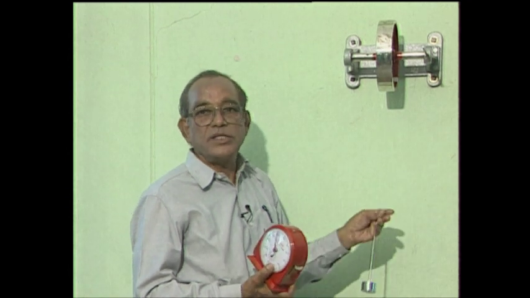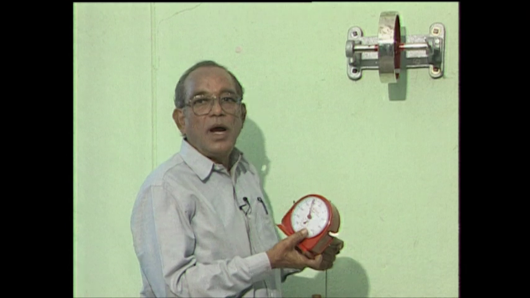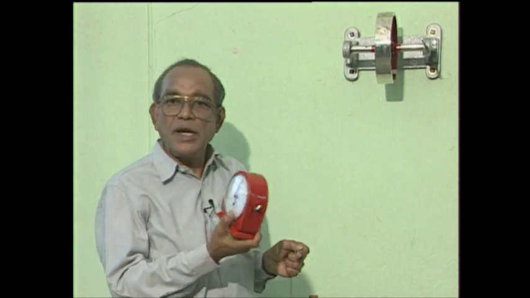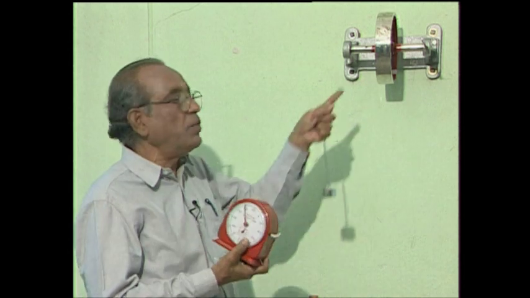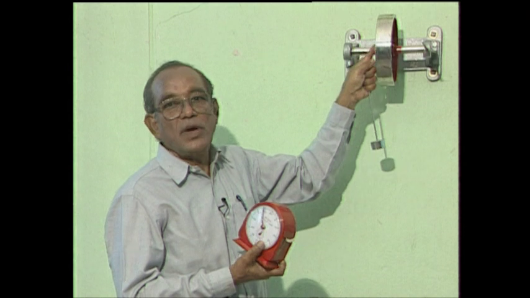We will take the observation again N1 as well as N2 either at 45 or at 65, and find out the number of revolutions N1 and N2 and find out the moment of inertia. The aggregate of these values will give the moment of inertia of the given flywheel about given axis.